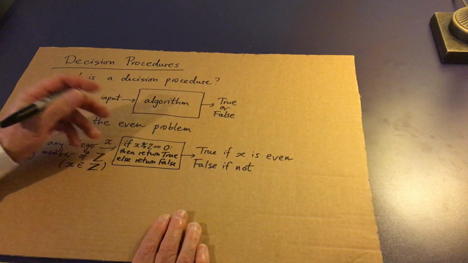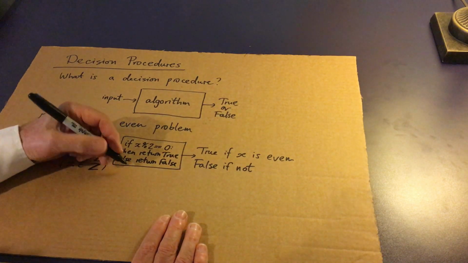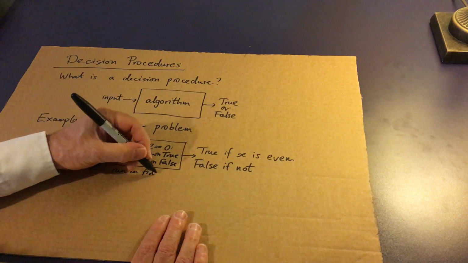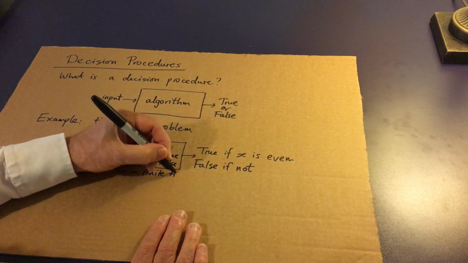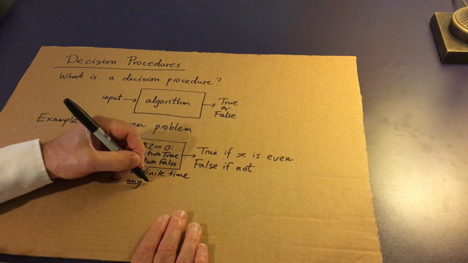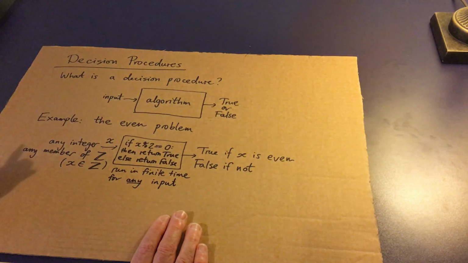And that will work and run in a finite amount of time. That's important. Runs in finite time for any input. That's an important property of the algorithm.